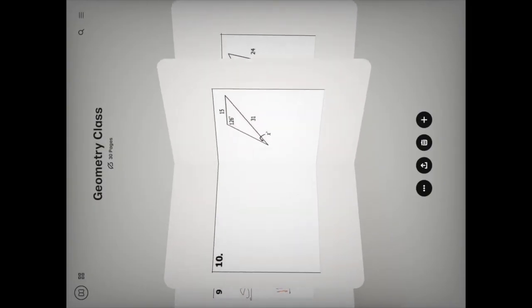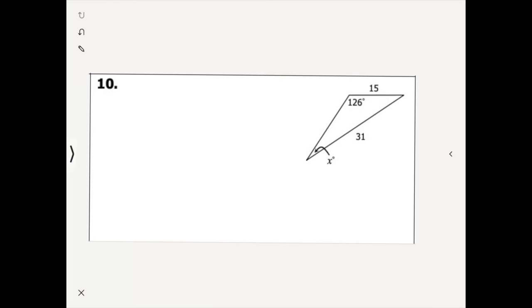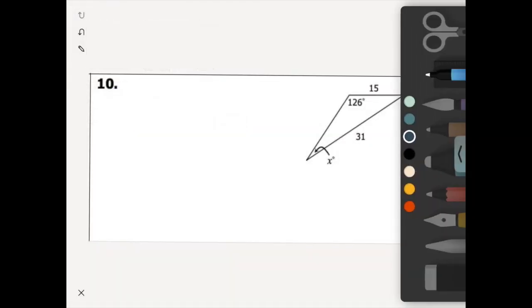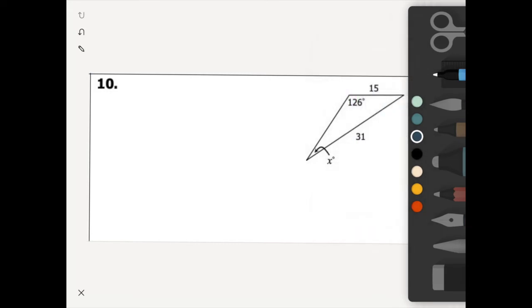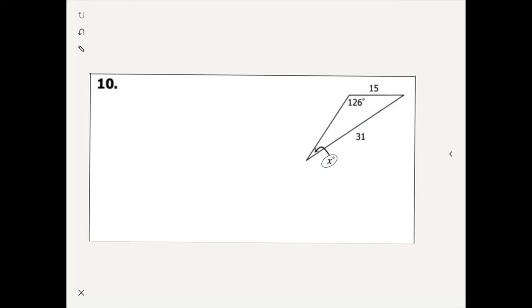Let's try another example. So in this example, we have x still inside the triangle. It is opposite this side 15. And we have 126 degrees. That's opposite 31. Remember, it's angle over the side measurement.